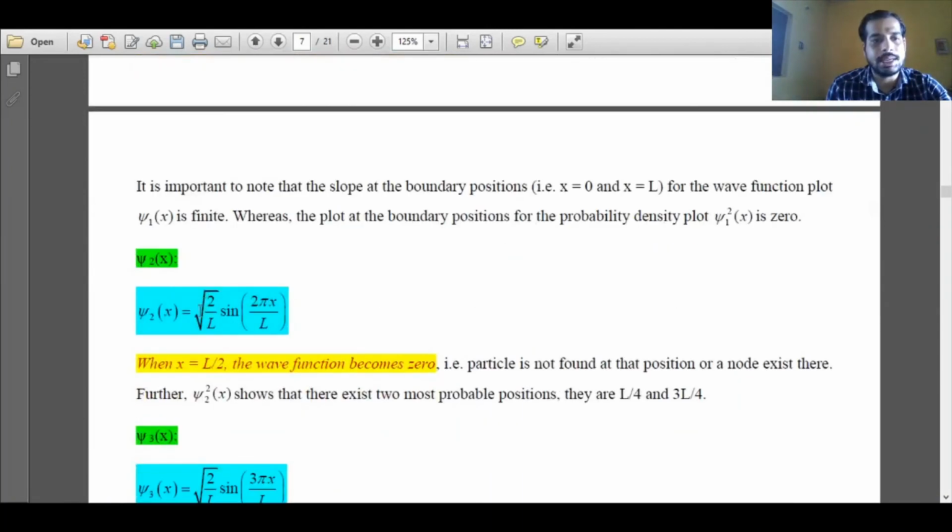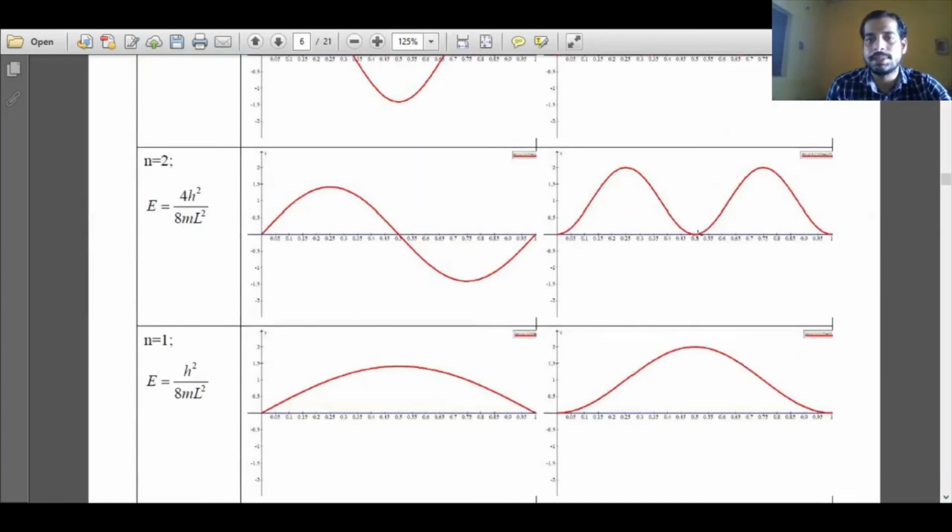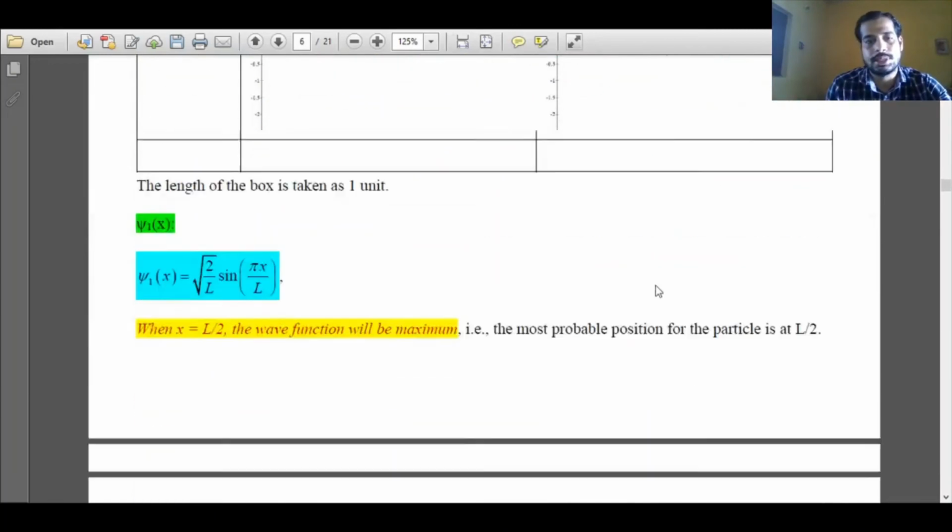Similarly, for the second eigenstate, if I substitute x is equal to L over 2, then what will happen? I'll get sine pi. Sine pi is 0, meaning the wave function is vanishing. The wave function will vanish at L by 2. So this is a peculiar thing.